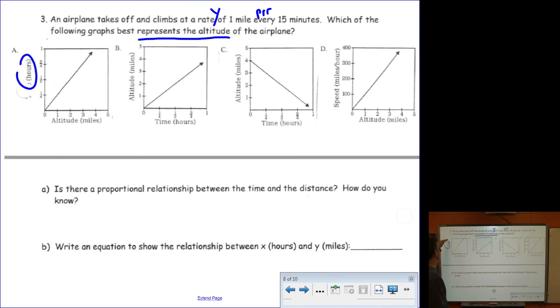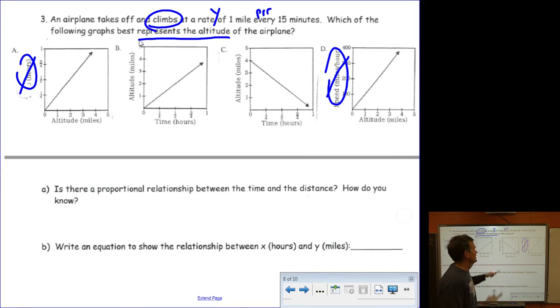So this cannot be right, and this cannot be right. It's got to be one of these. And since the plane is going up, it's not going down, it can't be graph C. Graph C is going down. It's got to be graph B.